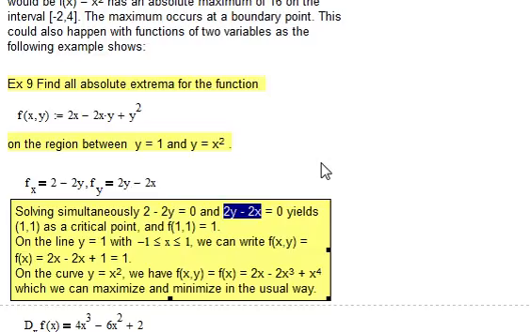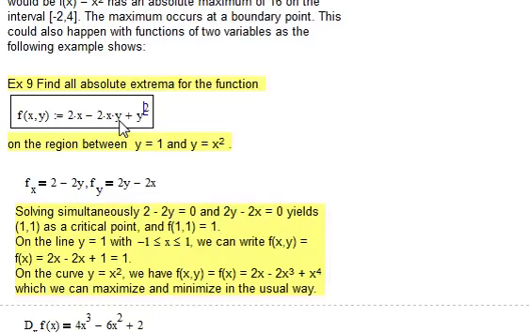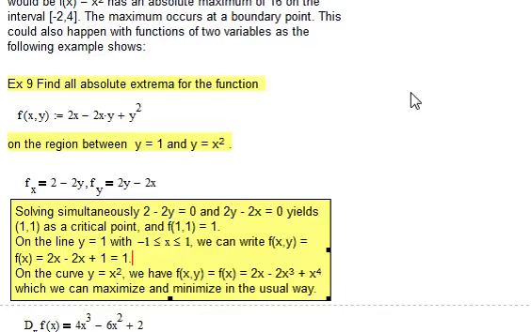I replaced y with 1, because I said on the line y equals 1, so I replaced y with 1 in both places, and so I got 2x minus 2x plus 1, and f of x equals 1.